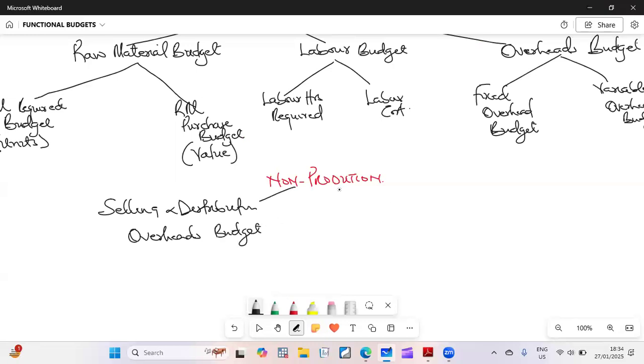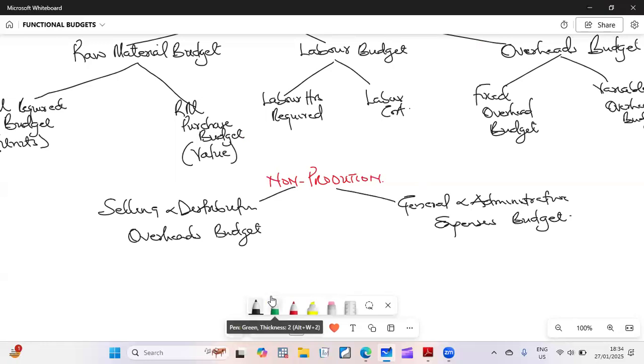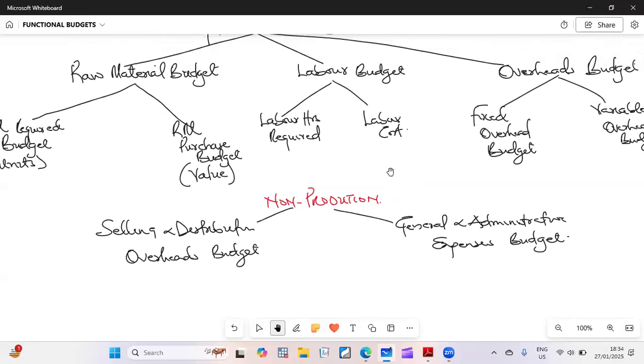Then you also take a look at your general and administrative expenses overhead. All right, so these are the budgets we will need to prepare. When we finish everything, we will now prepare the master budget. So basically, that is how this side operates.